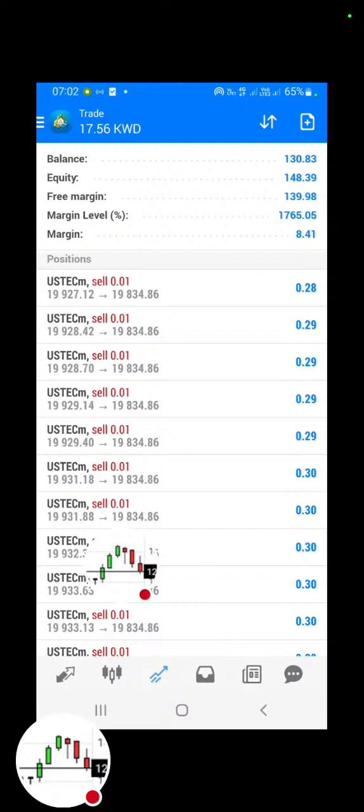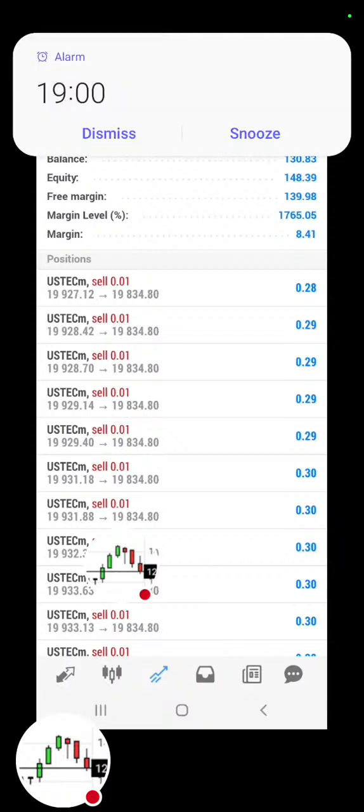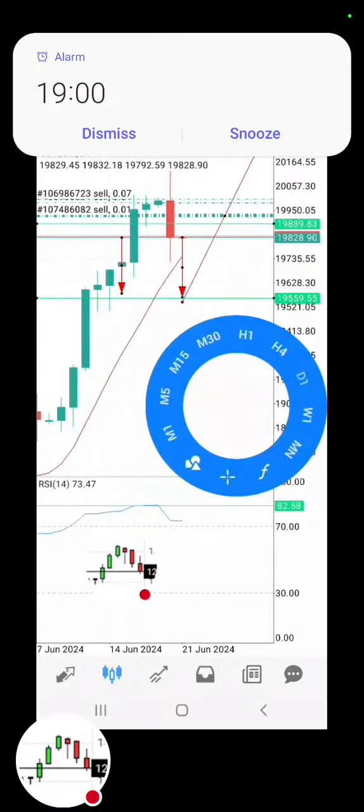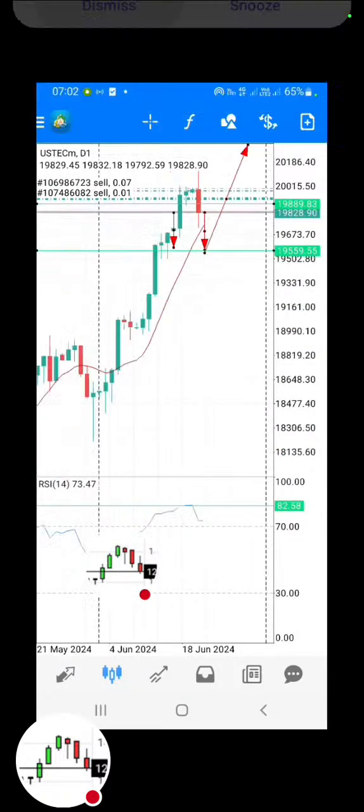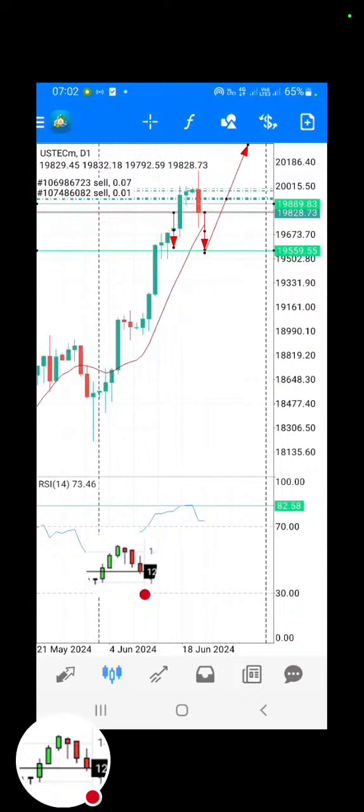That is a great achievement and a great strategy, because the strategy we are using is not a joke. It's a working strategy, supported by the market itself. So that's why we are able to make money each and every day.